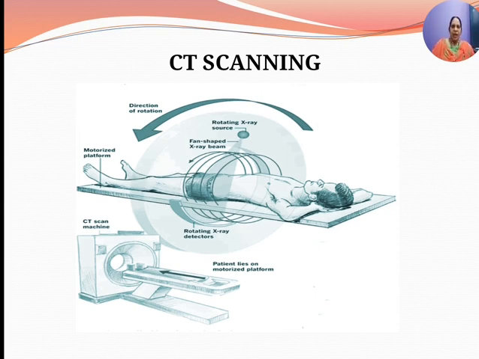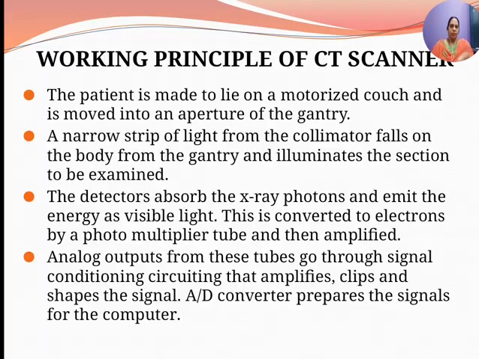The rotating X-ray detectors are there and a rotating X-ray source. You can observe the X-ray source and the detectors are opposite to one another and the patient lying in between them. Then you can see the fan-shaped X-ray beam that is being generated from the X-ray source. Okay, so this is the working principle of a CT scanner.